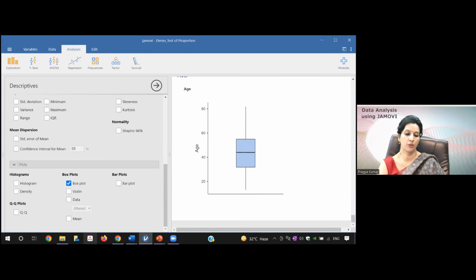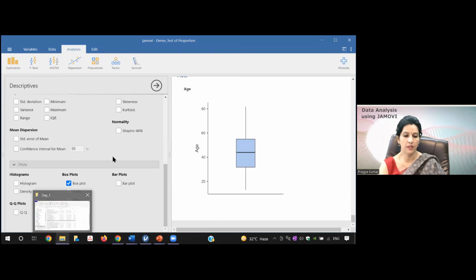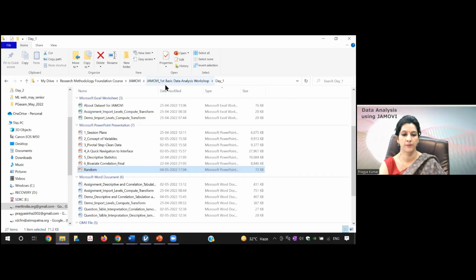Maybe with more continuous data, let me show if you wish. I'll again go to day 1, where I have that continuous data. This correlation I may open once.